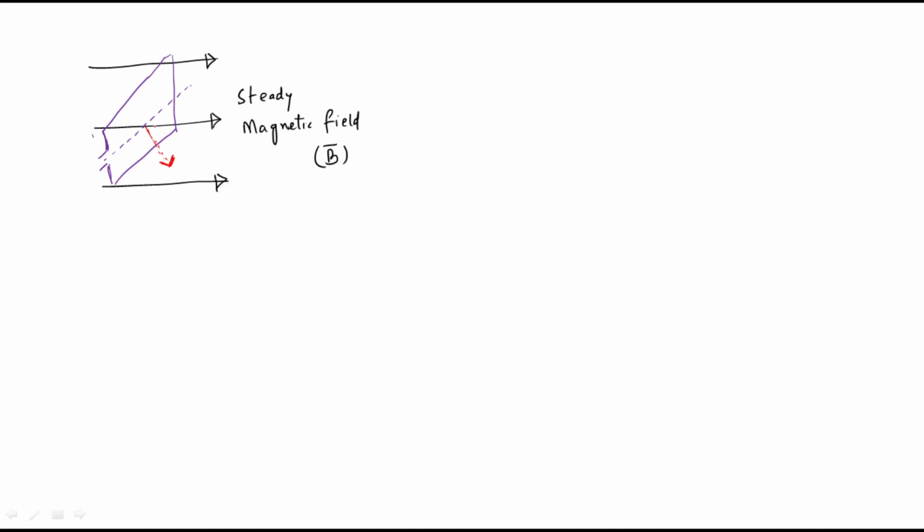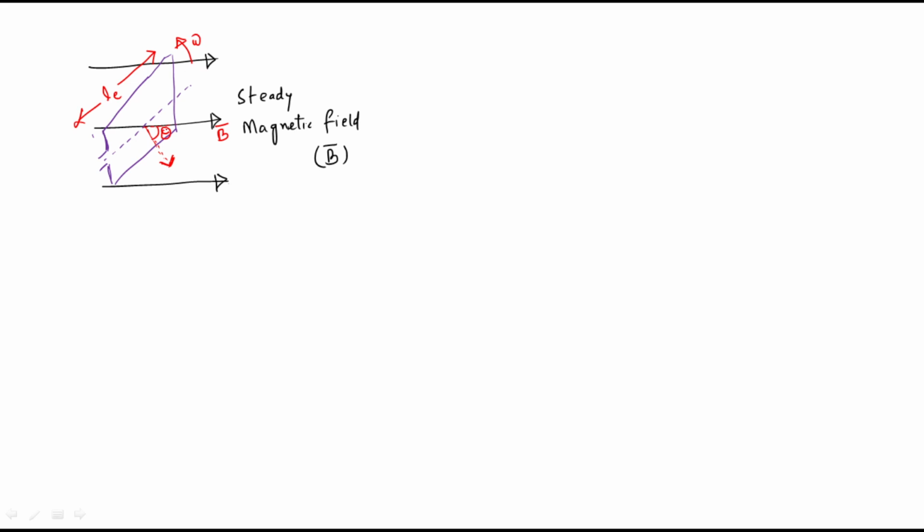So finally, let us say this is theta. This is B bar, and this is the length of the conductor, and this is the velocity of the conductor, rotated with omega radians per second, right?